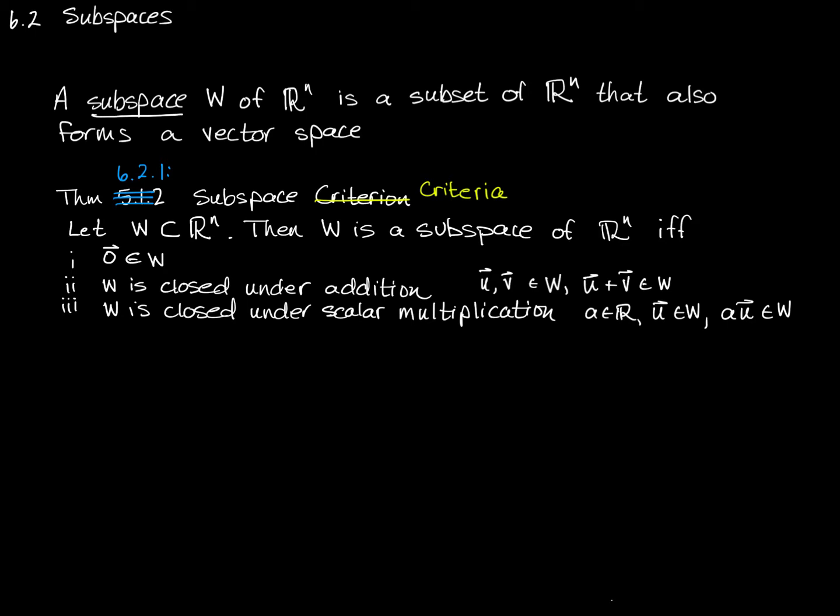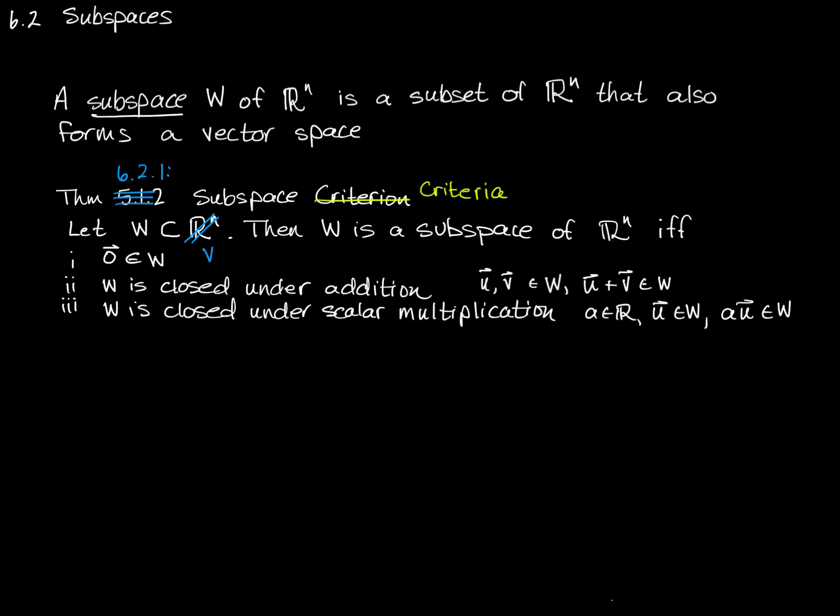What's really important is the name, because that tells us what's being discussed in that theorem. But it's still called the subspace criterion, or if I were to rename it, the subspace criteria theorem. And here the thing that we're going to do differently is we're going to let W be a subset of a vector space V.